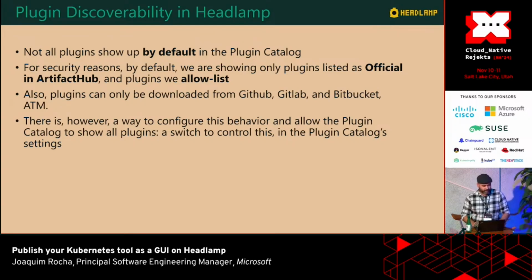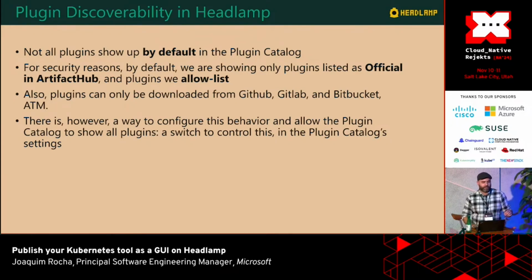We chose this for security reasons. We thought, okay, anybody can just go there, push a plugin saying, "Hey, I'm Prometheus," and then you install that code, right? So in order to give it a little more control, we are only showing plugins that are official on ArtifactHub.